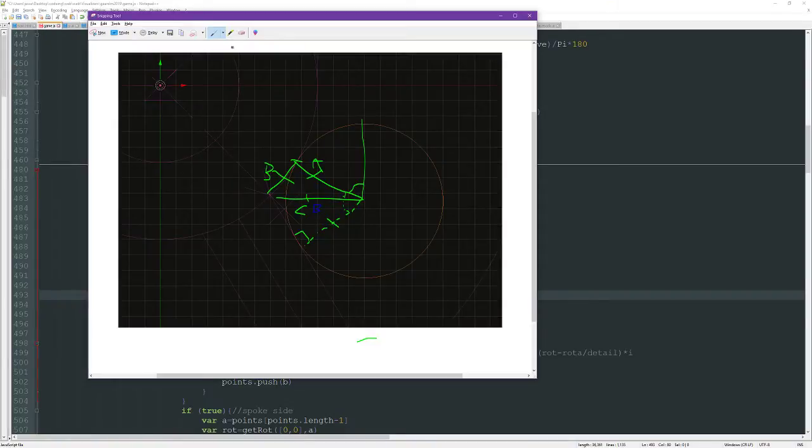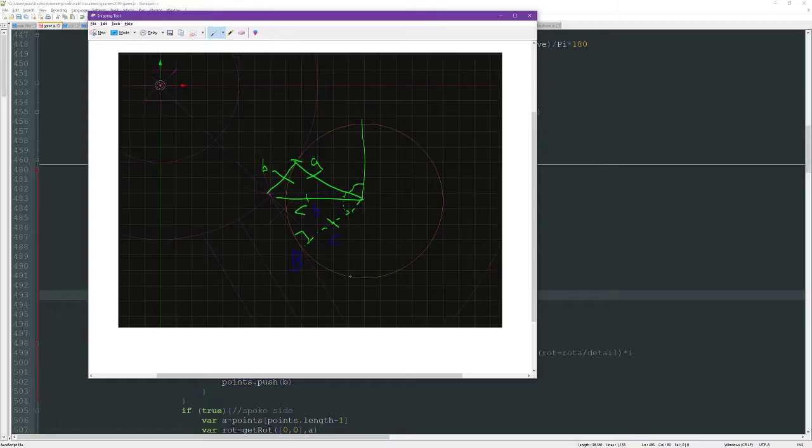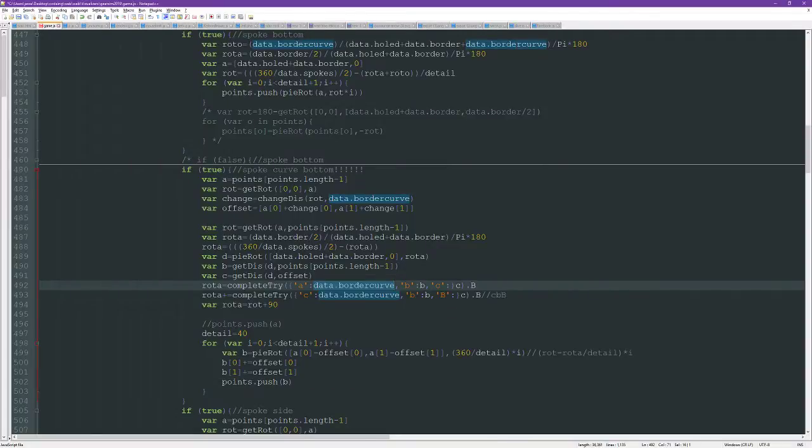Lowercase B. CBB. So C is that, yep. B is the previous one C.